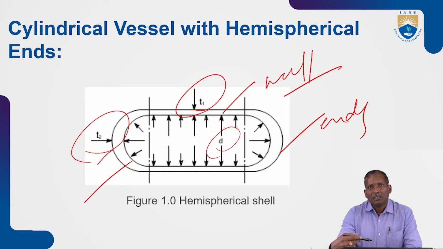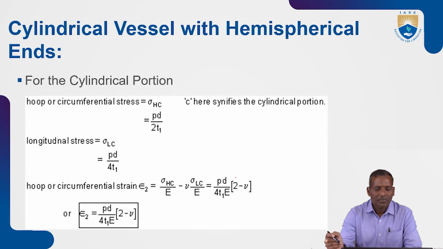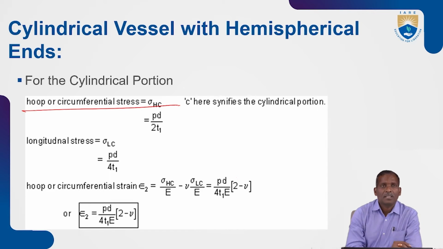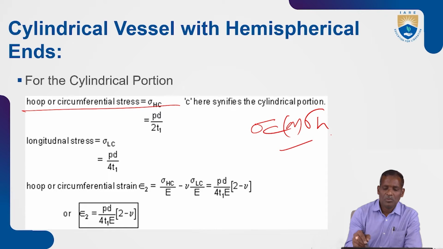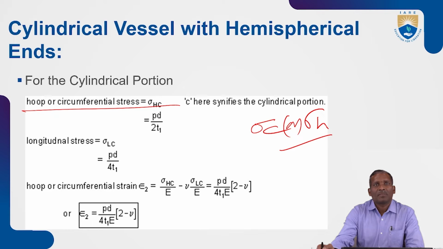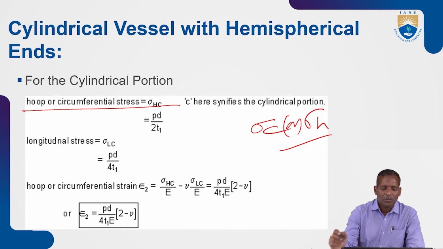Whenever this cylinder contains fluid or gas inside, the internal pressure acts on these walls and the cylindrical ends. First we will see what stresses are induced for the cylindrical portion. Here the hoop or circumferential stress, sigma C or sigma H, is PD by 2T1.